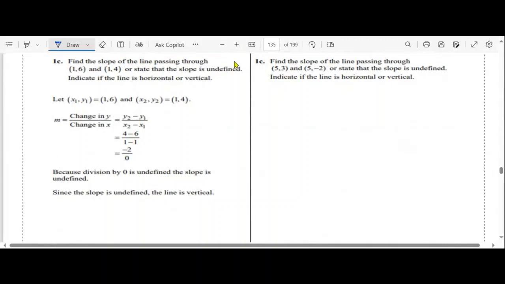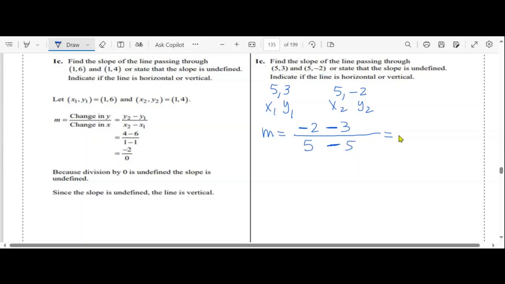Find the slope of a line passing through 5, 3. So we have 5 and 3, and we have 5, -2. Or state the slope is undefined. Indicate if the line is horizontal or vertical. So this is x1, y1, x2, y2. To get the slope, you look for the change in y over the change in x. How much is y? -2 and 3. And x is what? 5 minus 5.